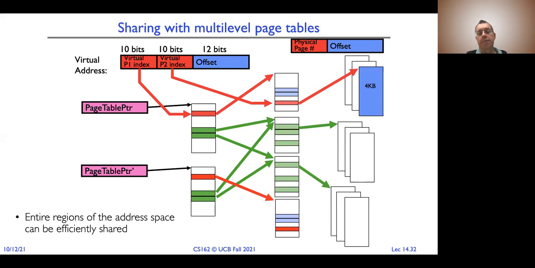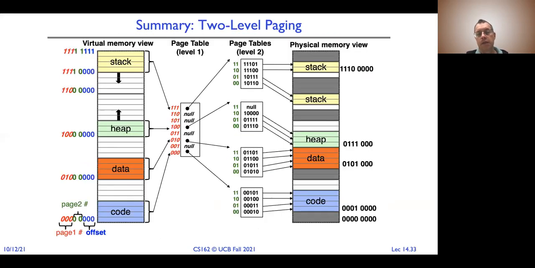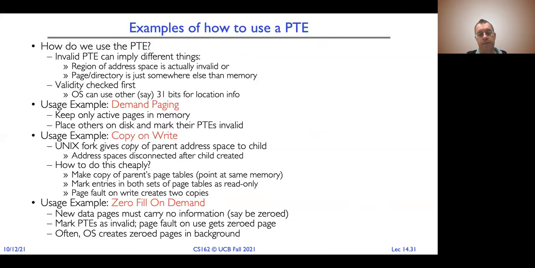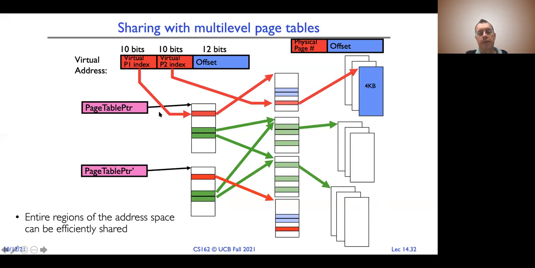So, sharing with multi-level pages. You can see here you have two processes, and each process has its own page table hierarchy.